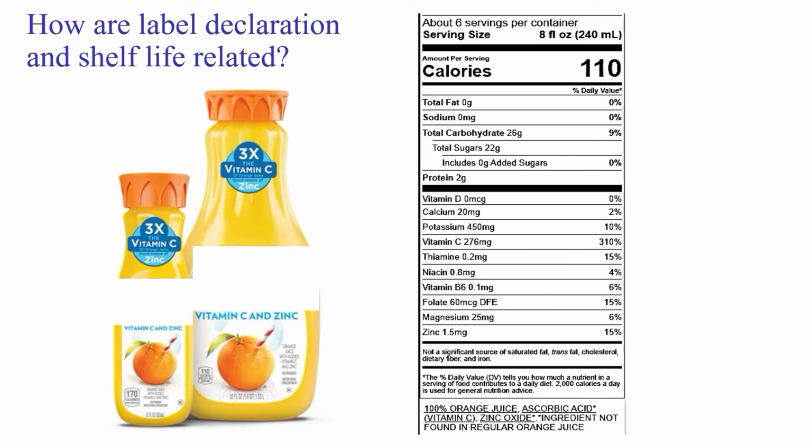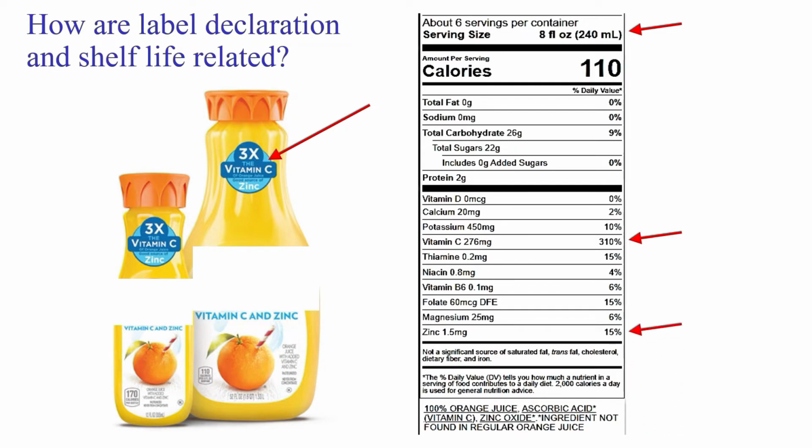Then, the third one. How are label declarations and shelf life related? So this is a fruit juice. It's an orange juice. Then they claim that there is 3 times the vitamin C. You see, 276 milligrams per serving is about 310% of the daily value.